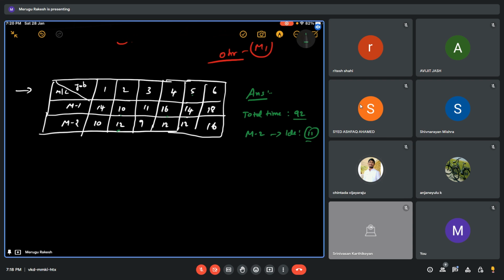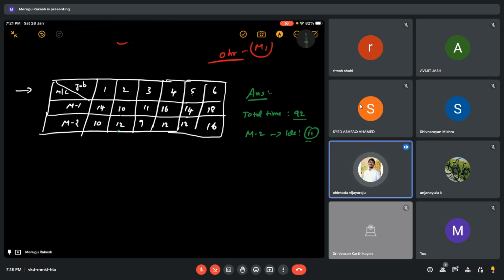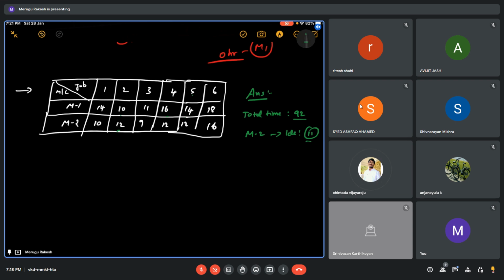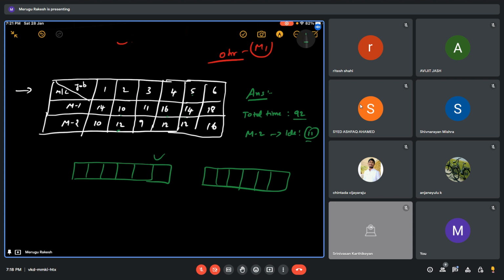So yes, this scenario will come, but generally in GATE, I don't think they will ask this, though in a mock test the question may be there. One thing you can see is, suppose I have 6 jobs, you will get 2 models.